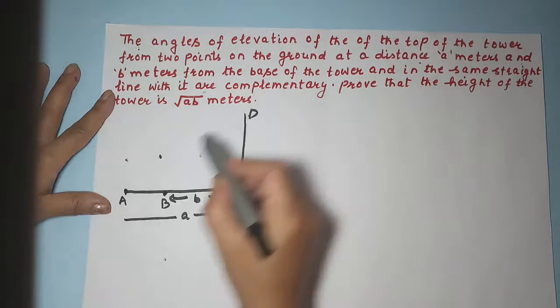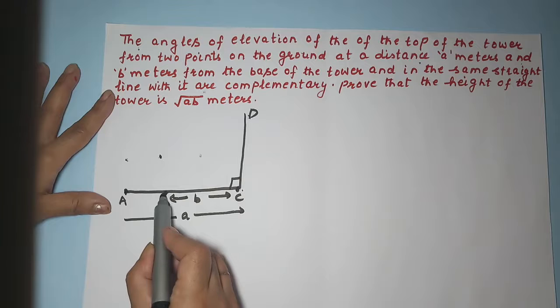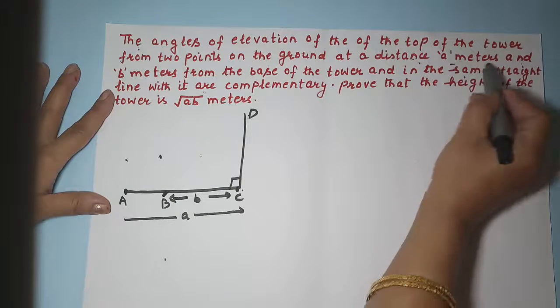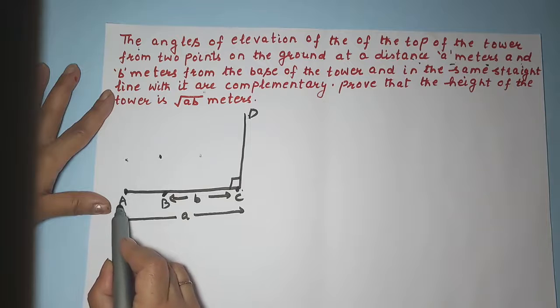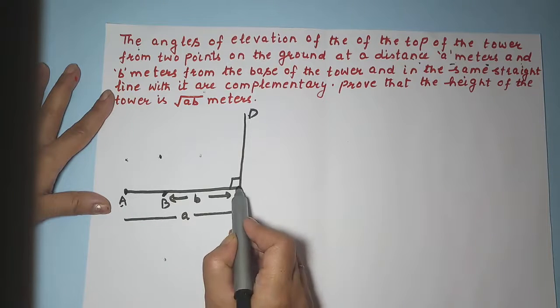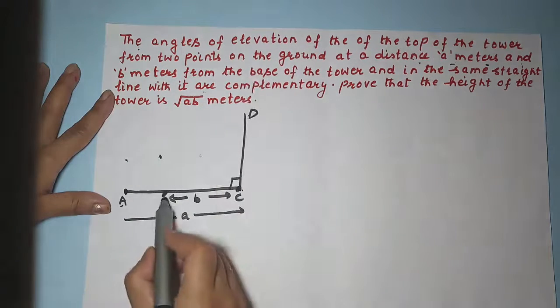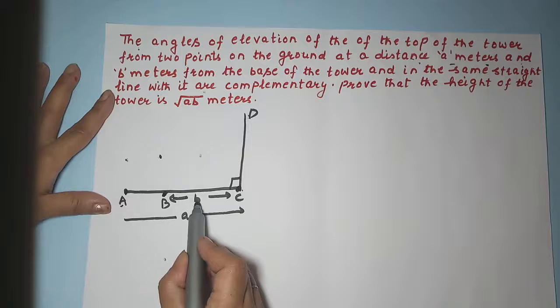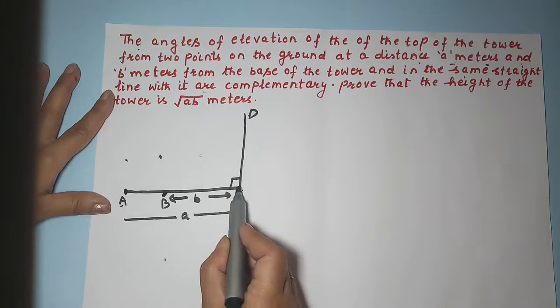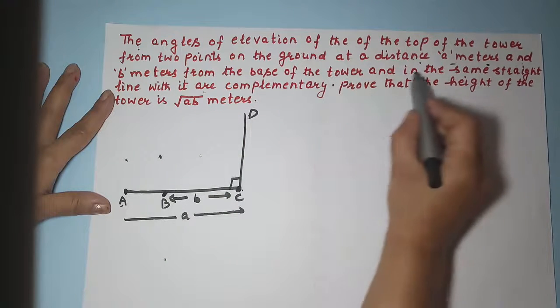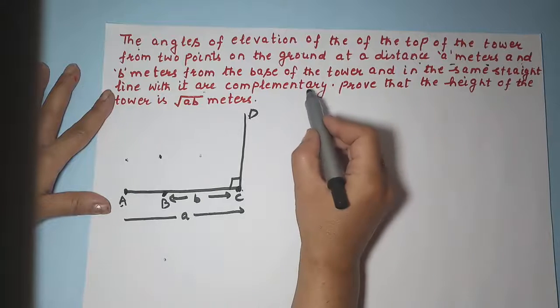So 2 angles of elevation from 2 points A and B on the ground at a distance of a meters. So this point, capital A, is a meters away from this point C, and this point is B, small b meters away from this point, in the same straight line, are complementary.